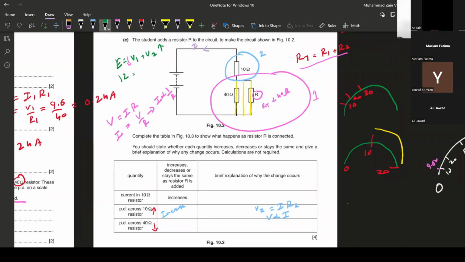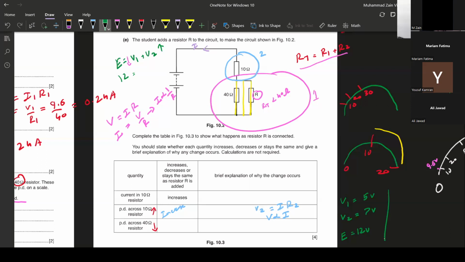So for example, let's say that before I did this, V1 was 5 volts and V2 was, let's say, 7 volts. Let's just assume it for the moment. V2 was 7 volts and V1 was 5 volts. And the total EMF was 12 volts.